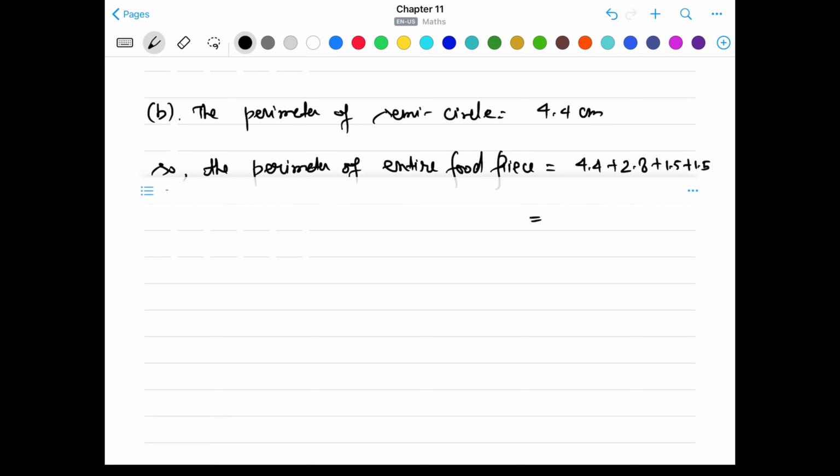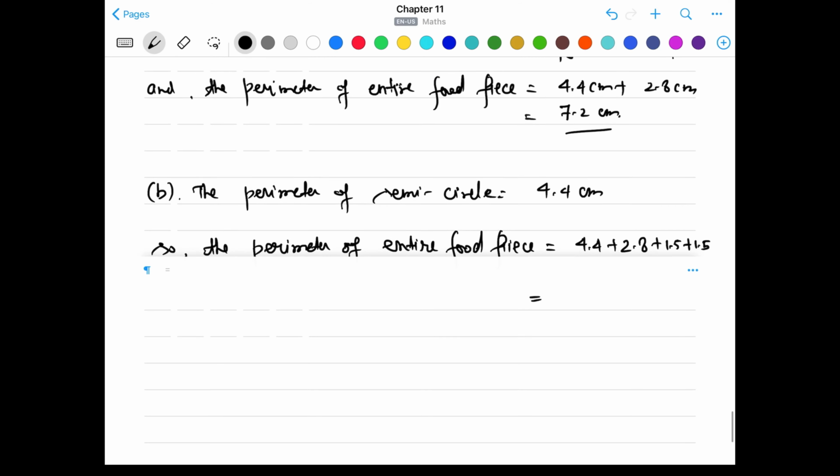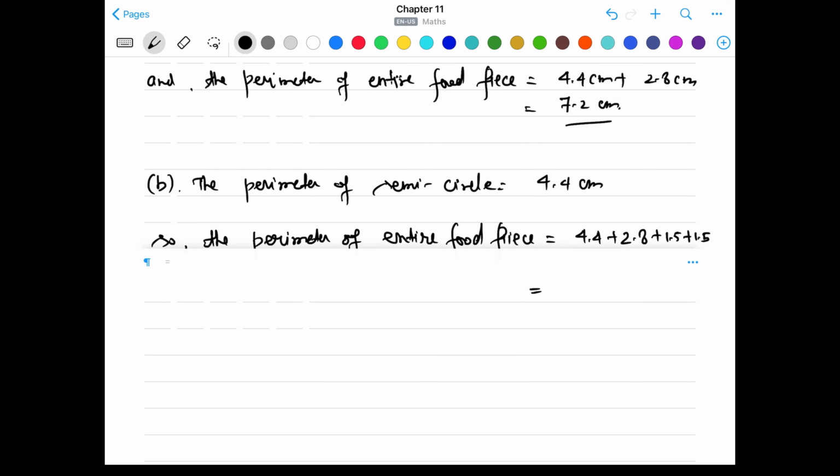Now let's add all this: 1.5 plus 1.5 is 3, and 2.8 and 4.4 is 7.2. So 7.2 plus 3 will be 10.2 centimeter.